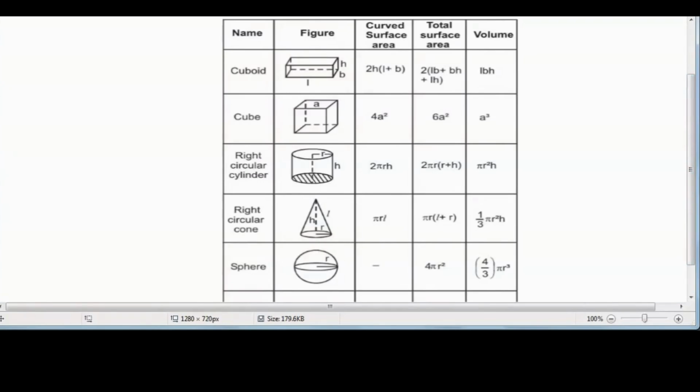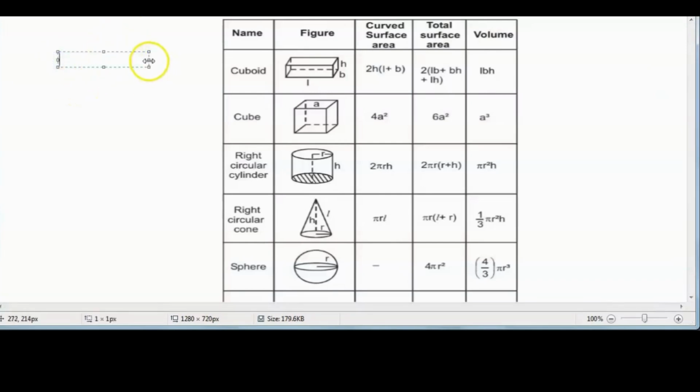That is 6 multiplied by area of one of the squares. Six times area of one square.